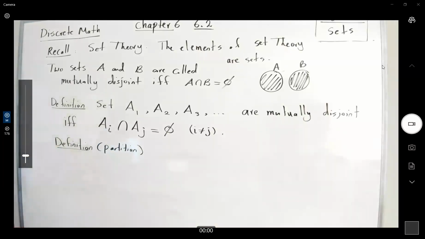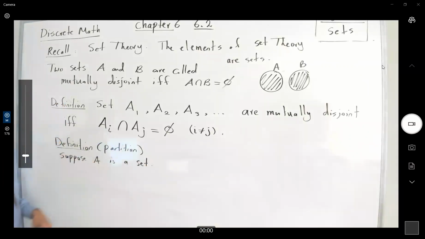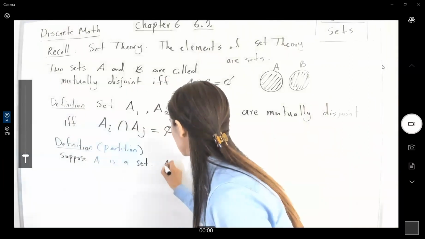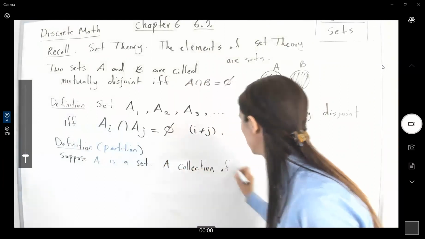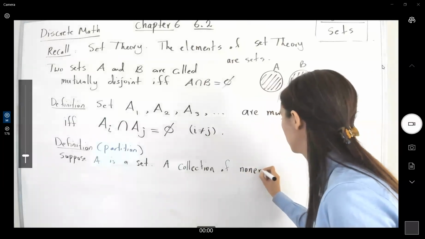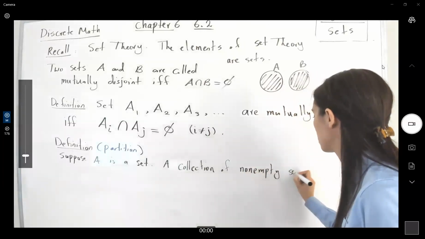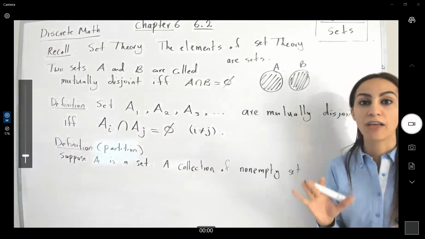So suppose A is a set. Then a collection of non-empty sets. Note that we already put this condition that these sets are not empty.